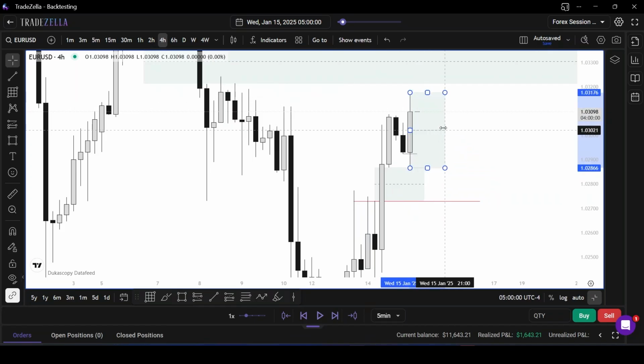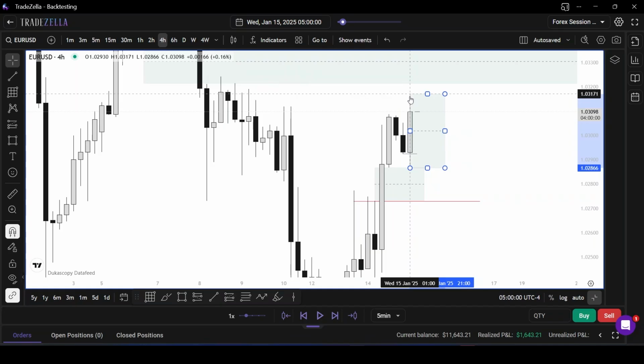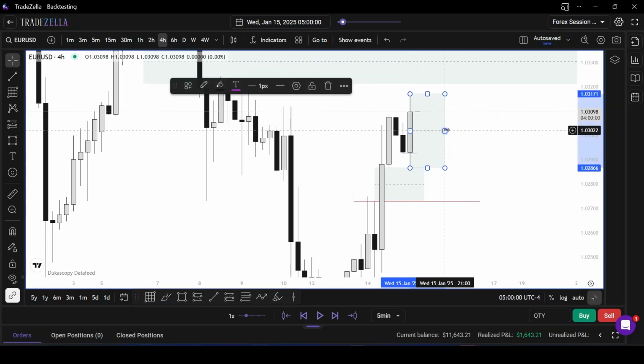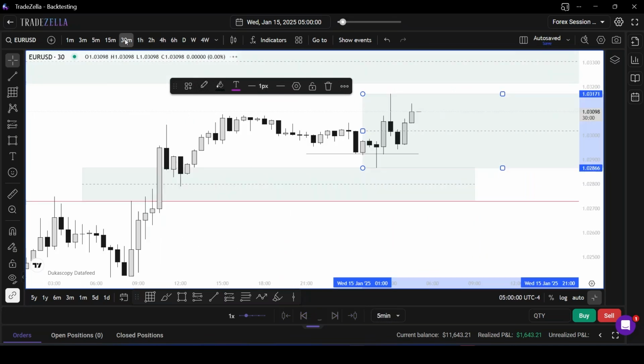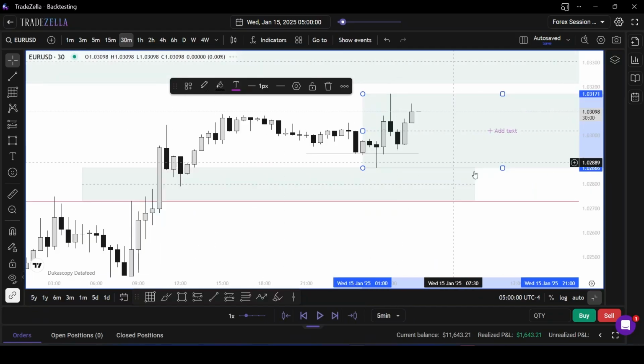I can still look within this candle 2 on the hourly time frame or 30-minute time frame. Yes, it is much better if I had a key level on the hourly time frame, I'll stay on the hourly time frame. But now that I don't have a key level within that candle 2, I'm going to drop down on the 30-minute time frame.